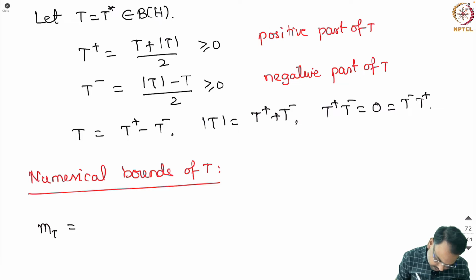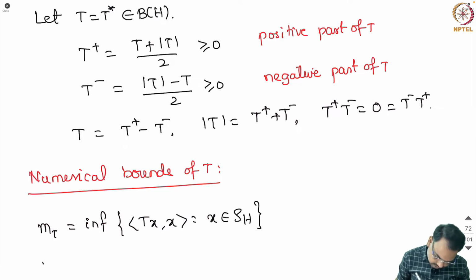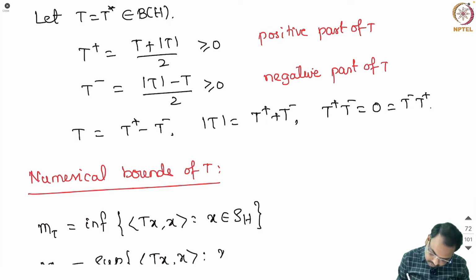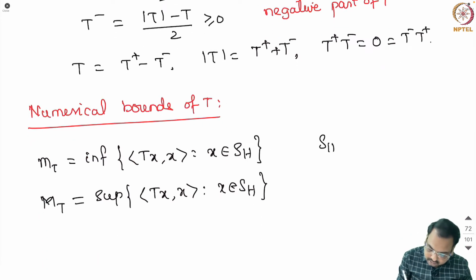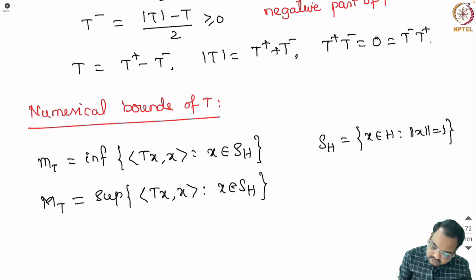Small m suffix T is the infimum of the set of all inner product Tx with x, where x comes from the unit sphere of H, and capital M suffix T is the supremum of inner product Tx with x, where x comes from the unit sphere of H. Here S_H is the set of all x in H such that norm x equals 1, so this is the unit sphere.